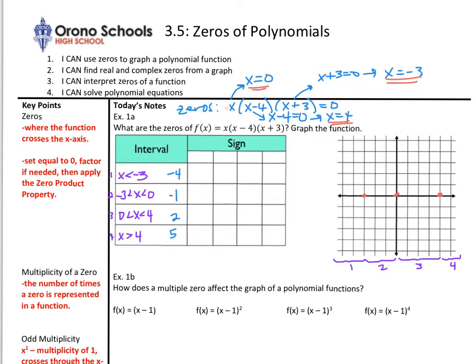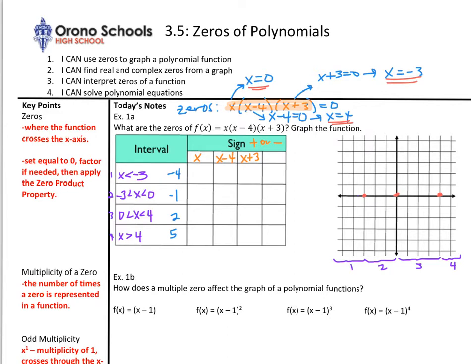So over here, these 3 boundaries that we have in our factored form, those are going to go in that top column. We have an x, we have an x minus 4, and an x plus 3. And it says sign, and sign means will it be positive or will it be negative? That's what we're looking for.